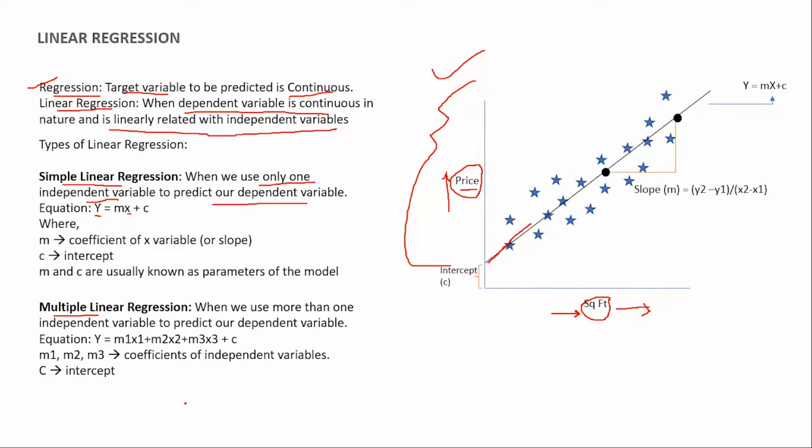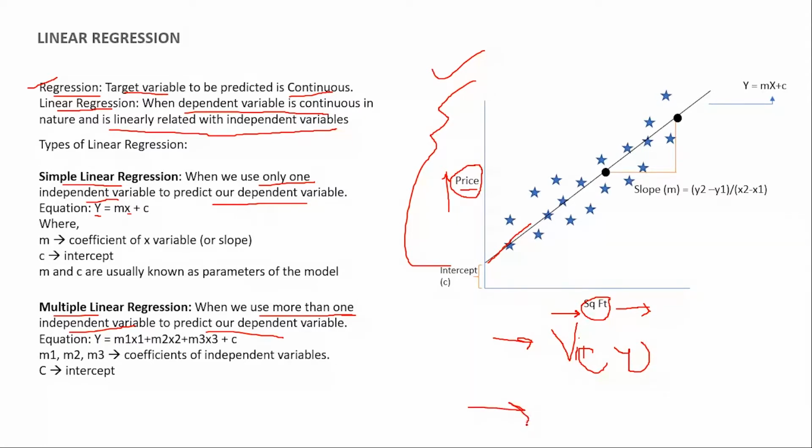Now, in multiple linear regression we use more than one independent variable to predict our dependent variable. If I consider this same example, let's say along with area, I also have the view of the apartment. By view, I mean whether it's a sea view or whatever view, and depending on that my price will increase.